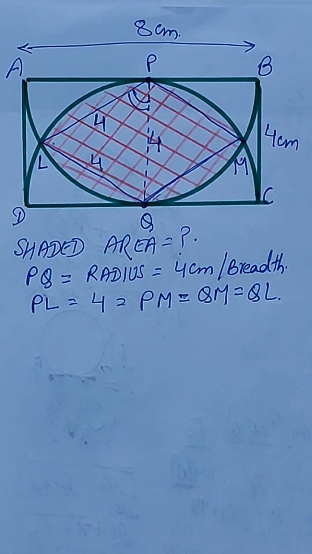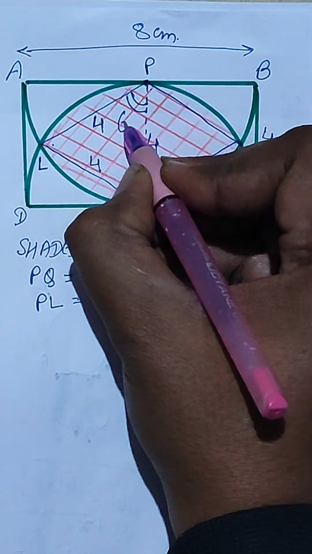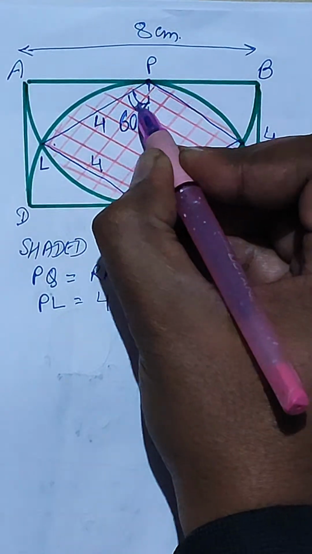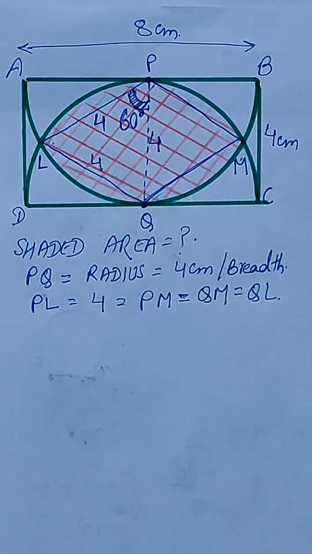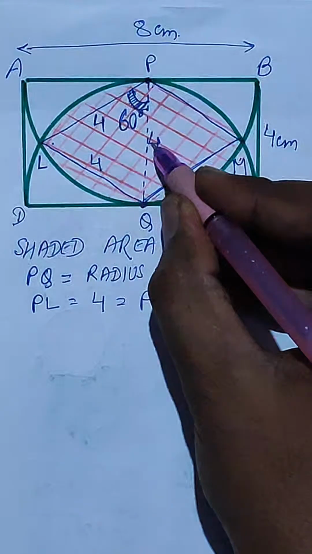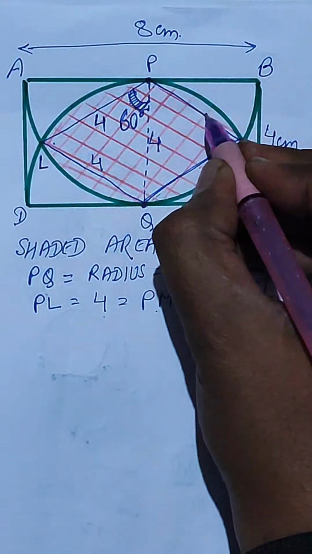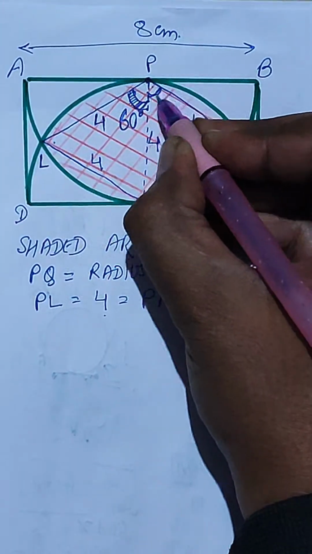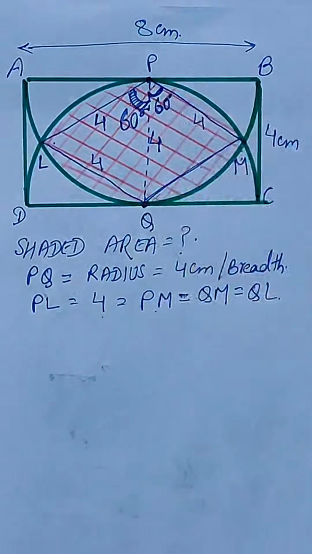We know each angle of an equilateral triangle is 60 degrees. So angle QPL is 60 degrees. Similarly, QM is 4 and PM is also equal to 4, so here also this angle is 60 degrees, right?